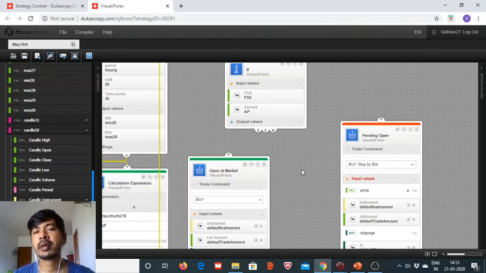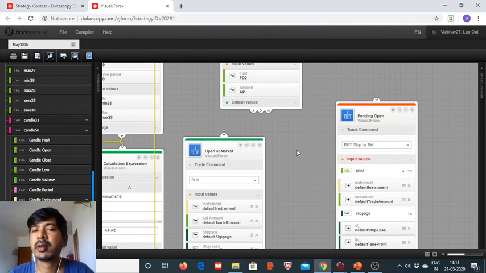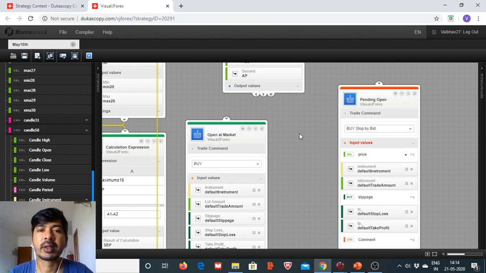Suppose the fractal difference between the maximum and last hour's close is less than 5% of the ATR, then the market open will happen. Otherwise, if it is greater, then the pending open will happen.